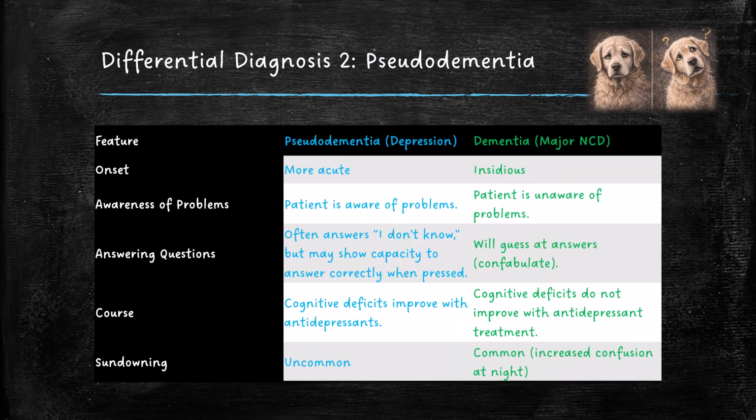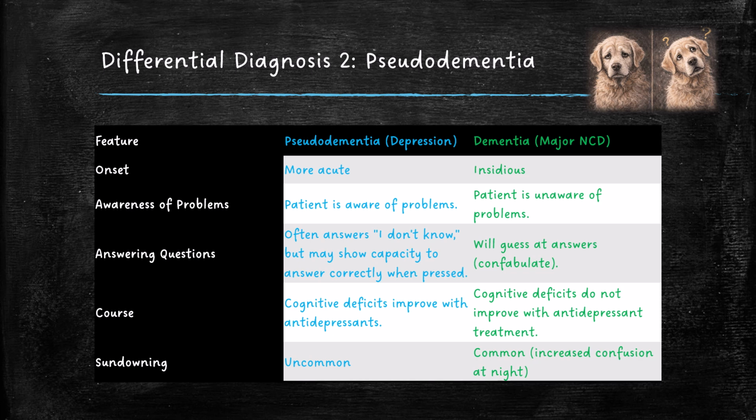So in pseudodementia, which is major depressive disorder, the onset is more acute, whereas in dementia, it's more insidious. They have awareness of the problems in depression, but not in dementia. In answering questions, patients with depression might say, I don't know, but when they're pressed, they have the capacity to answer, whereas in dementia, they will guess answers, they'll confabulate.